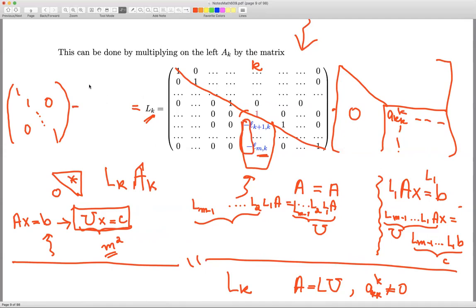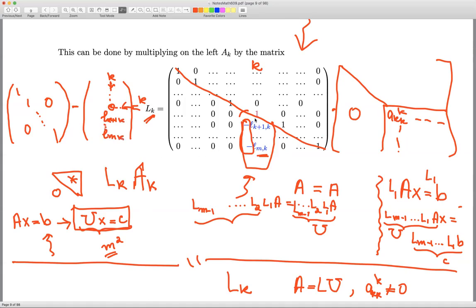And then I will write the matrix that has zeros everywhere. If this is column k and this is row k, it will have 0 on the main diagonal, and below it will have the l's: l_{k+1,k}, and so on, up to l_{mk}.